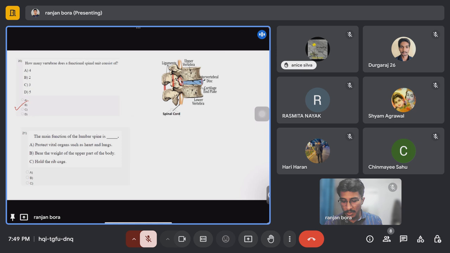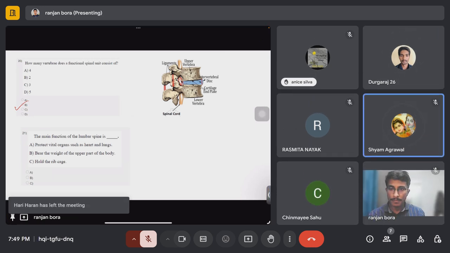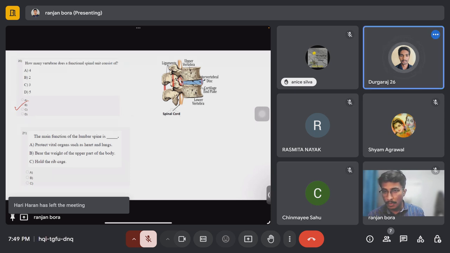And the main function of the lumbar spine is to hold the rib cage?